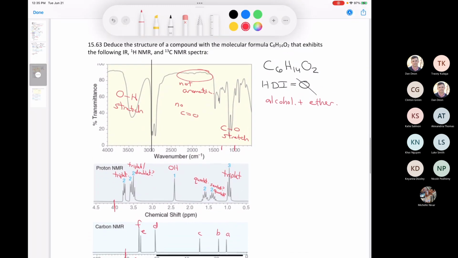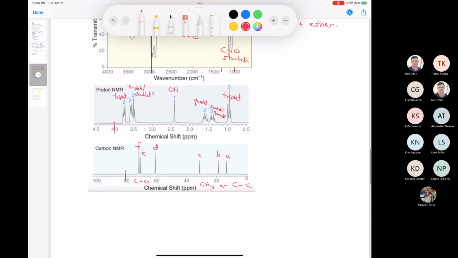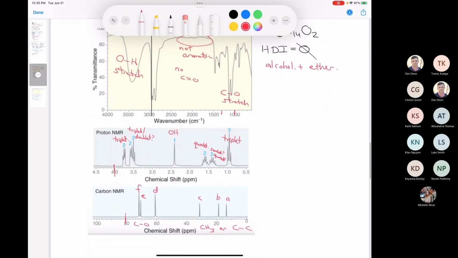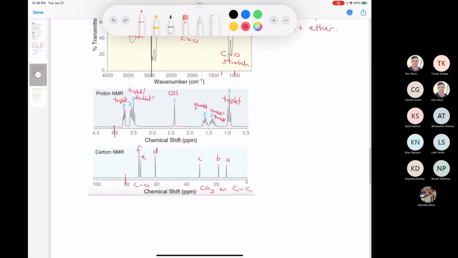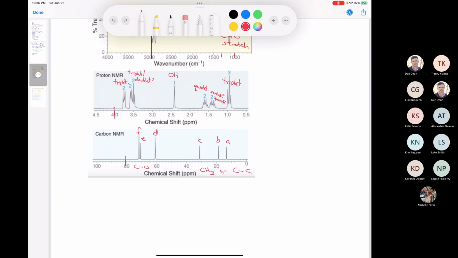So how are we going to put this all together? Let's see. Well, we've got a triplet, another triplet, a quintet, and what looks like a sextet to me. I'm not 100% sure, but let's start with the protons that are the most shielded, because those are going to be the ones that are farthest away from an oxygen.